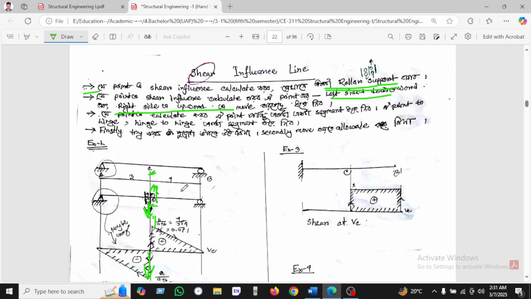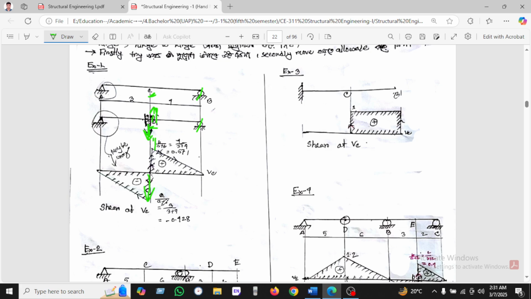So when we are taking the segment from this portion and this portion, there is a mathematical equation we have been seeing. This is a divided by a plus b, where this is a and this is b.